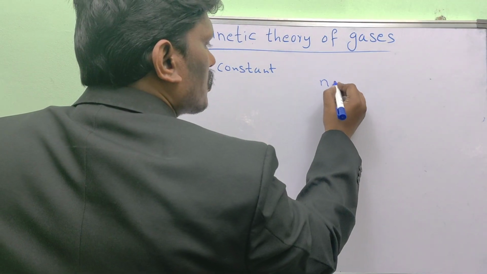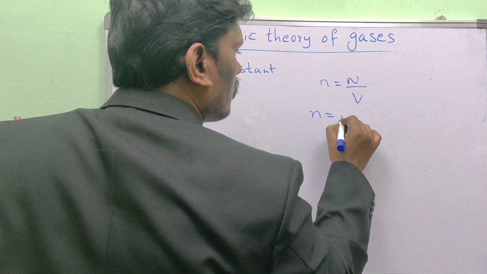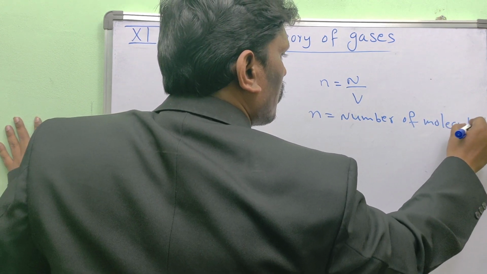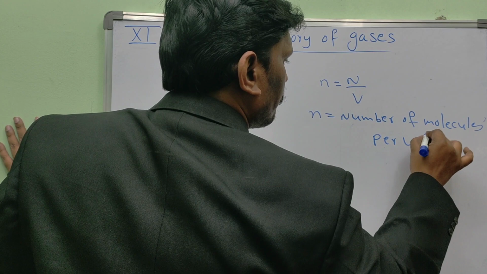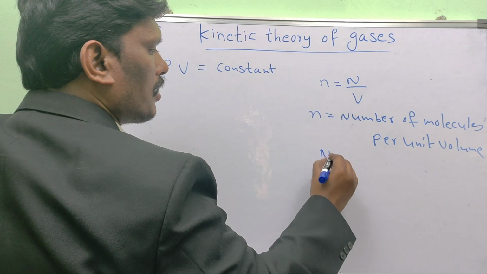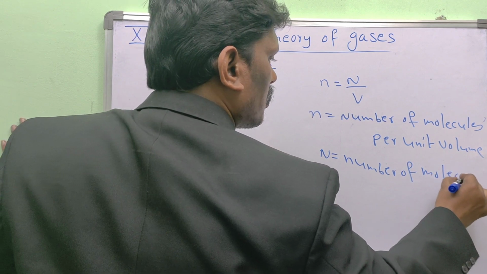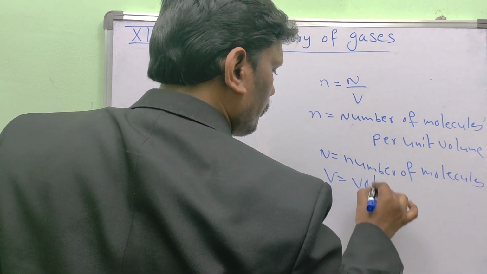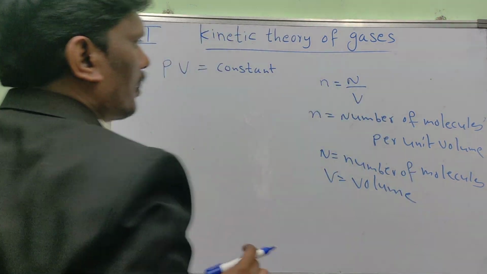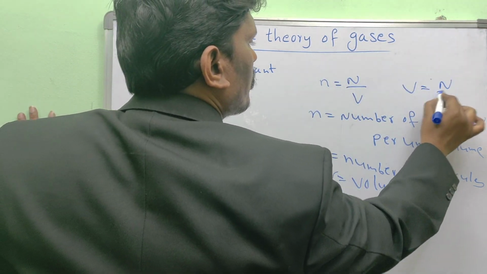But we know that small n is equal to number of molecules per unit volume, where capital N is the number of molecules and V is the volume. So from here, what is volume? Volume is equal to capital N by small n.